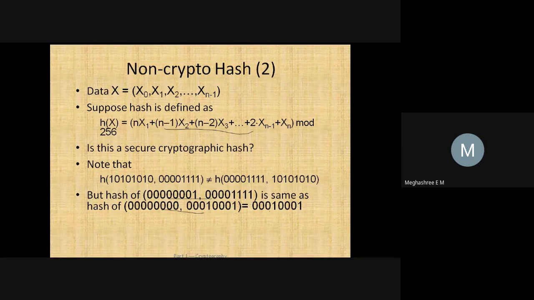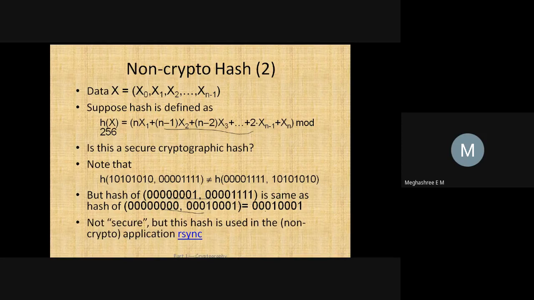So which hash value am I considering? This one. After applying this hash function on this input, the output is the same. So in this case, you can see there is a collision for this hash function also, right? Since it is not secure, but it is used in a particular application called rsync. What is rsync?